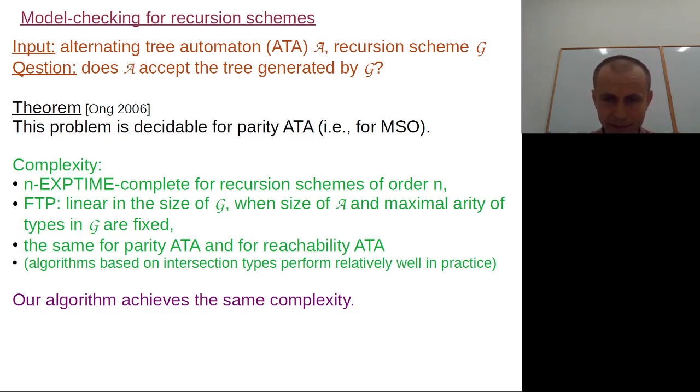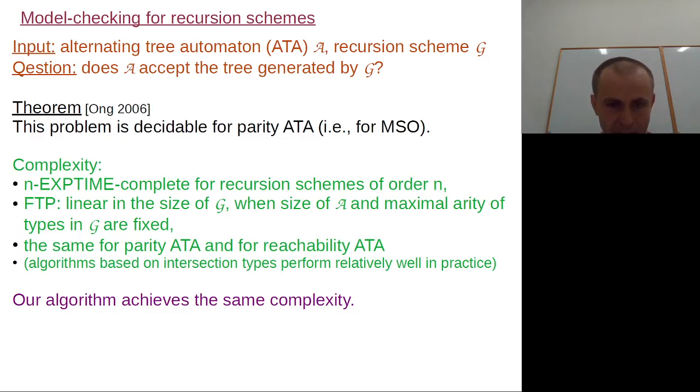assuming that we have fixed the size of the automaton and the arity of types in the grammar. In the n-fold exponent, we only take the maximal number of arguments of the types that are used and the size of the automaton.